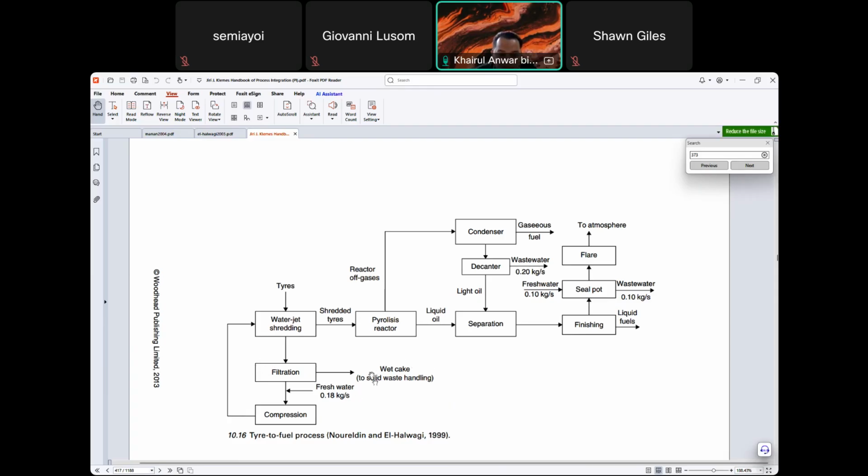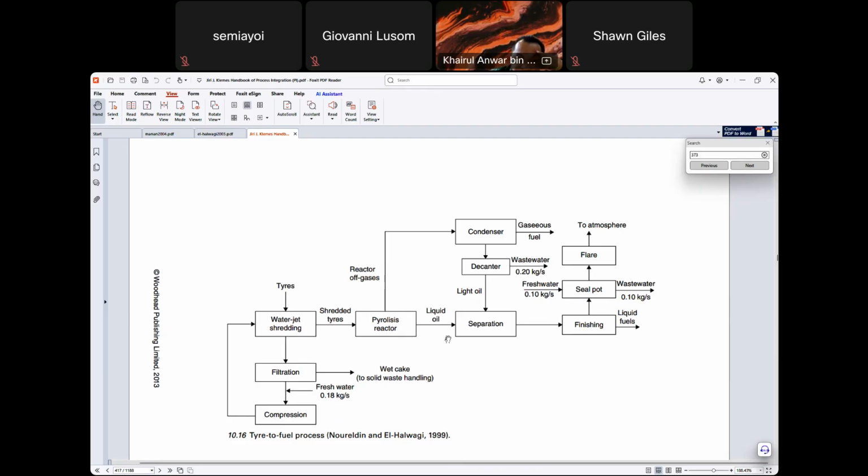There's a wet cake, solid waste handling, meaning from the filtration, the wet cake is formed on top of it. Then you get the fresh water. Not sure what the compression is, but this water is applied back to the water jet shredding.